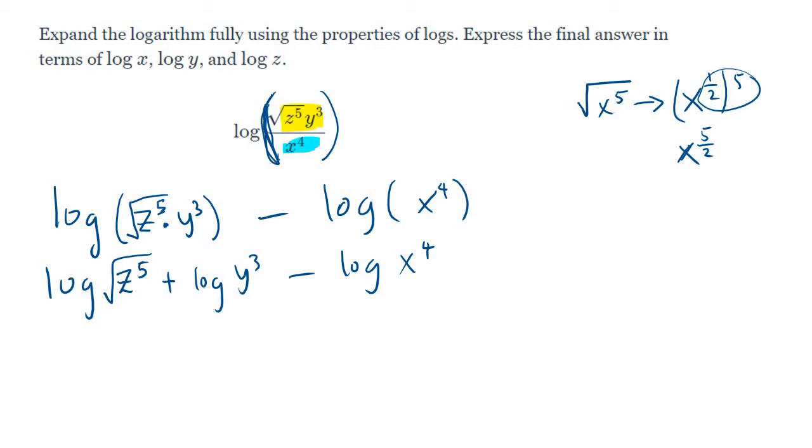So that is x to the power of 5 over 2. So it's going to be log of x to the power of 5 over 2 plus the log of y cubed minus the log of x to the 4th.